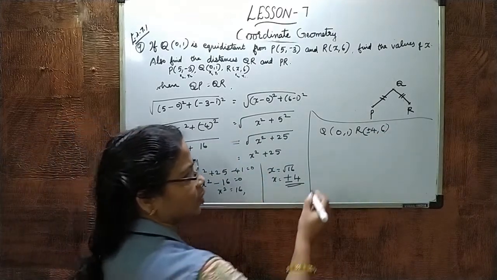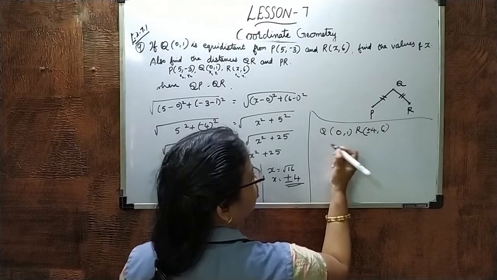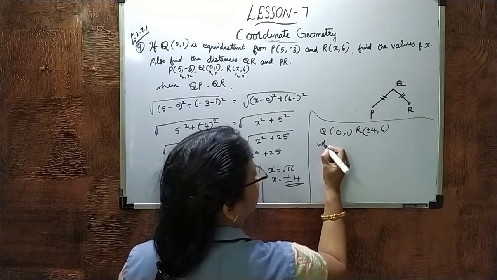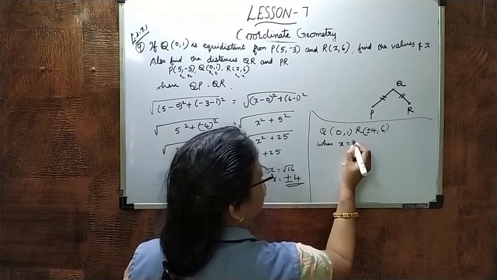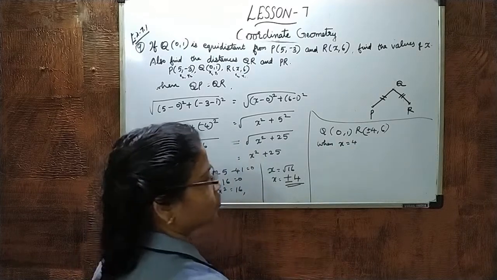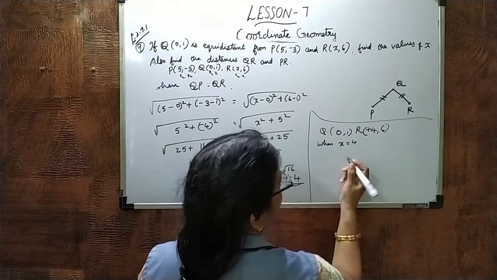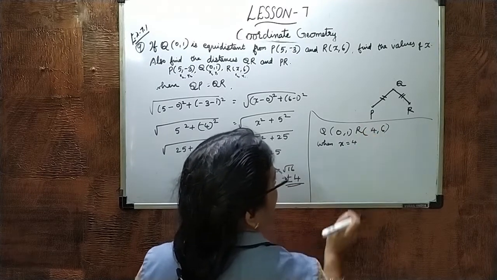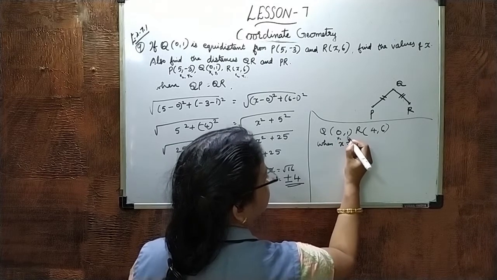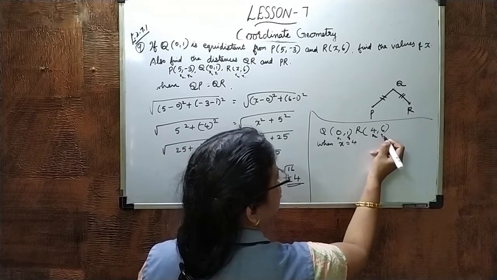Okay. So we want to find out QR when x is equal to 4. That means positive 4. So it will be positive 4 we are going to take. Then x1, y1 here and x2, y2 here.